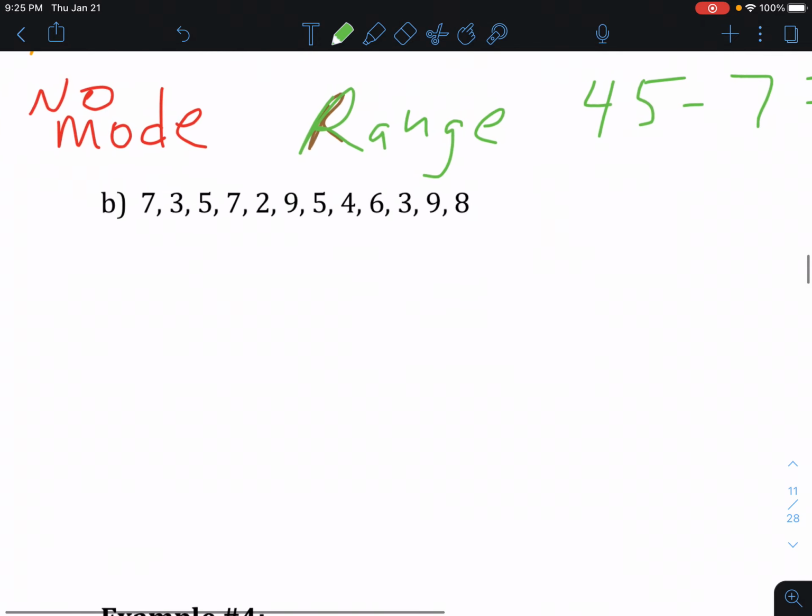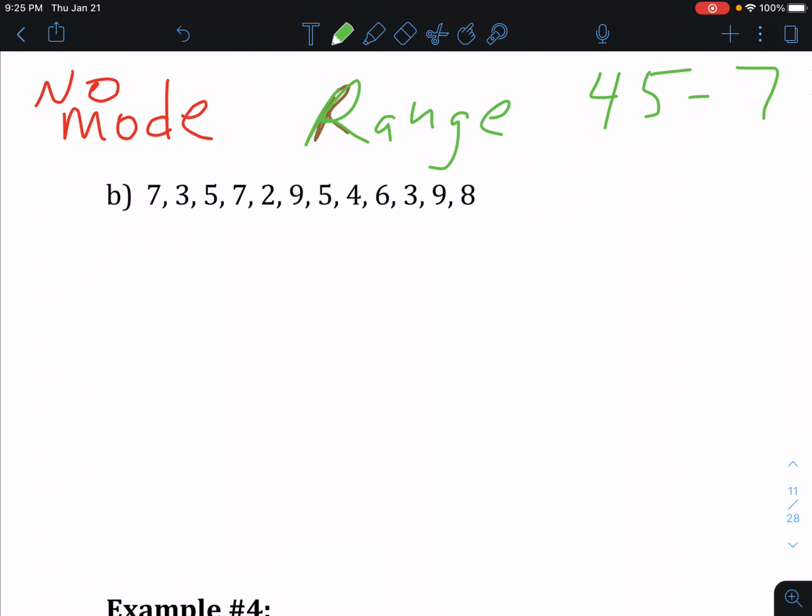Okay, let's try another example. Let's start off with the mean, the average. So we're going to add these up. I'm doing this on the side right now with the calculator.